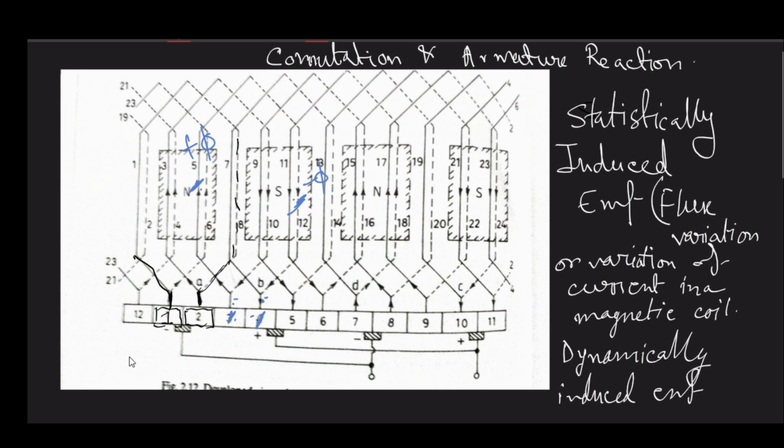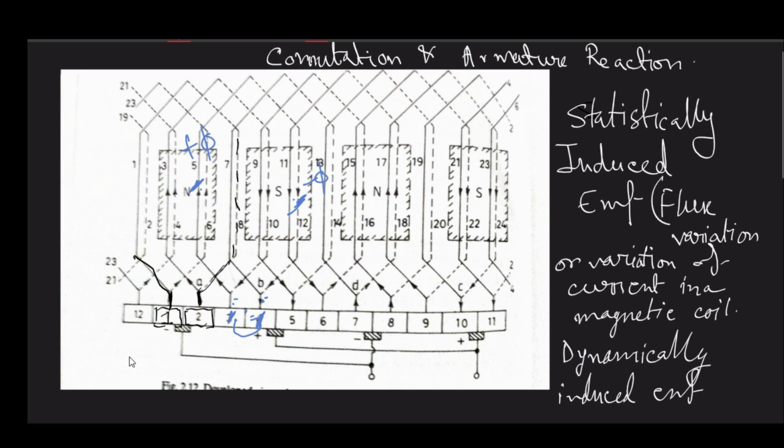These are the commutator teeth, and between two adjacent segments you always place some mica or other insulator.